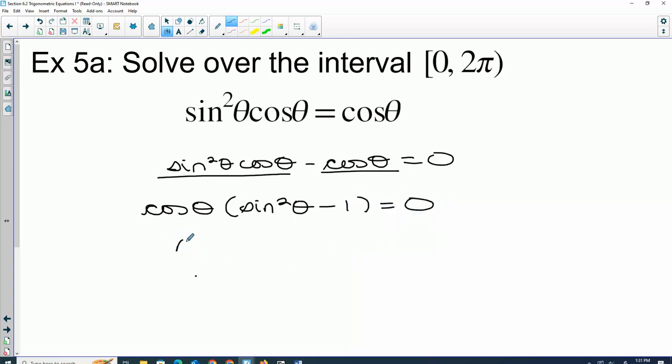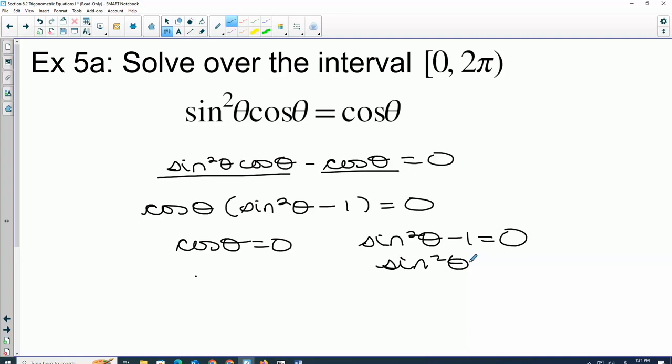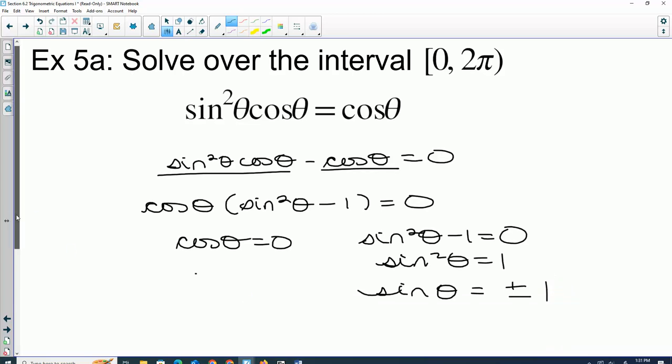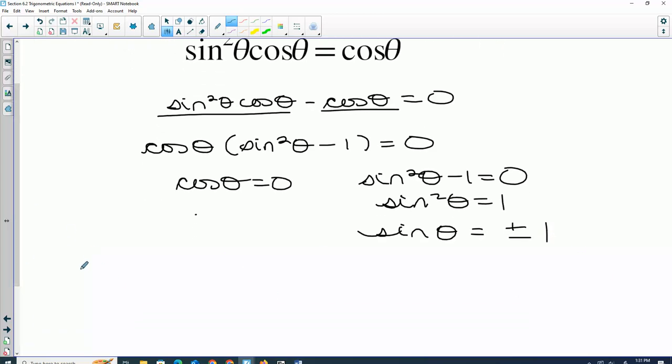So if we set those equal to 0, square root plus and minus positive and negative 1. So I'm asking for every answer just between 0 and 2 pi, so we don't need the plus 2 pi k.